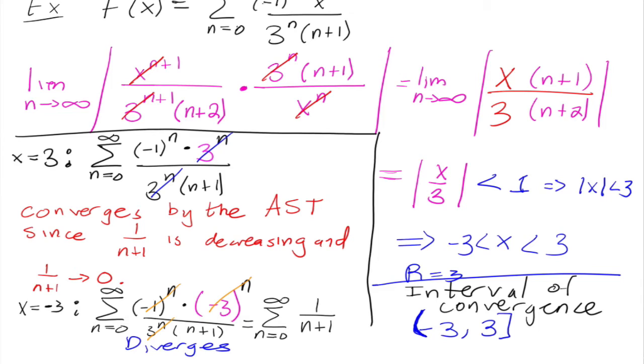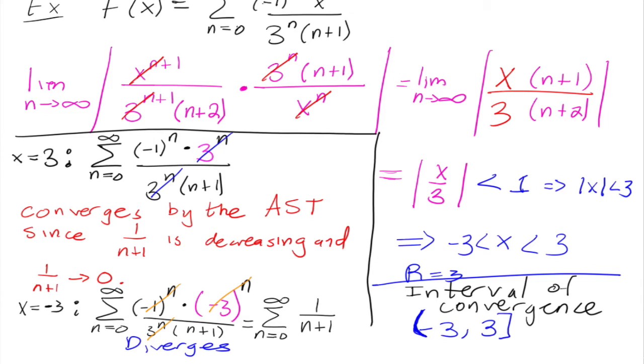At x equals -3, how come that limit doesn't go to 0? This one? Well, it does, but it diverges. Because, remember, just because it goes to 0 doesn't mean it converges. To converge, the sequence has to go to 0, but just because it goes to 0 doesn't mean that the series converges.